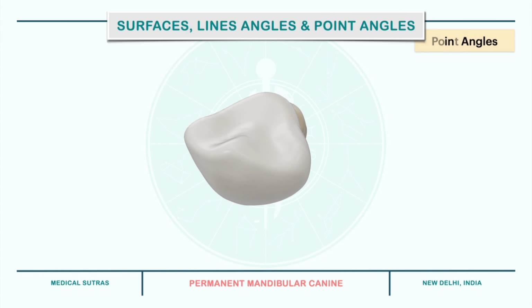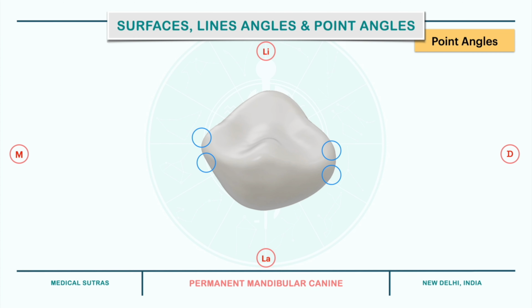Next, the permanent mandibular canine has 4 point angles. These are formed by the junction of three surfaces and derive their name from the combination of the names of the surfaces forming them.